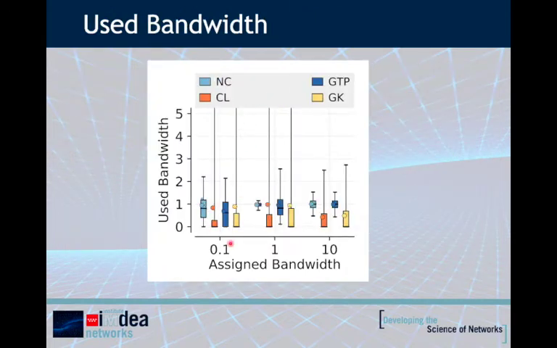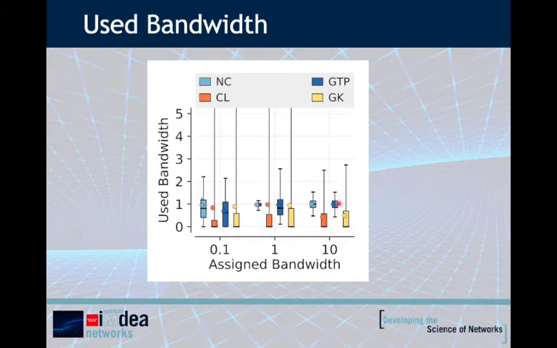When we look at the bandwidth, what we see is that our strategy typically stays below 1, which is the bandwidth that is assigned to us on average, and certainly the median is always below.